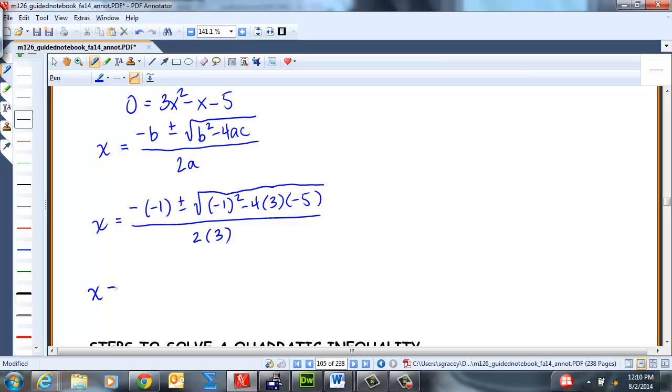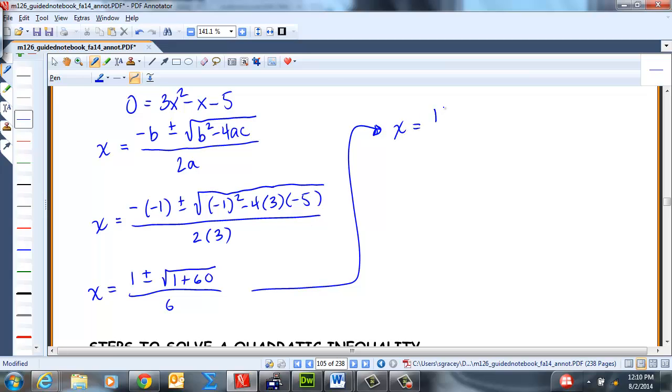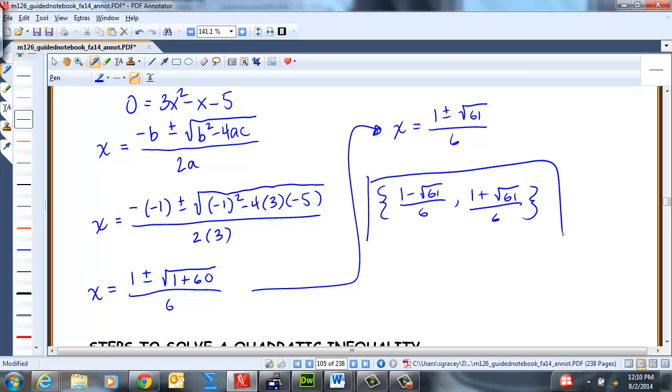Moving right along, we'll have 1 plus or minus the square root of 1 plus 60, all over 6. And we get x is equal to 1 plus or minus the square root of 61, which is already reduced, all over 6. So you end up with 2 zeros: 1 minus root 61 over 6, and 1 plus root 61 over 6. How'd you do?